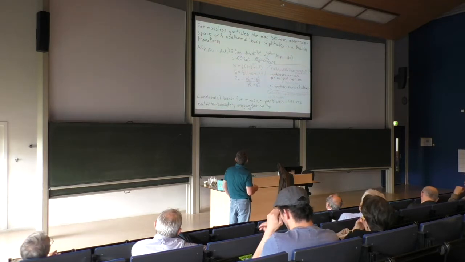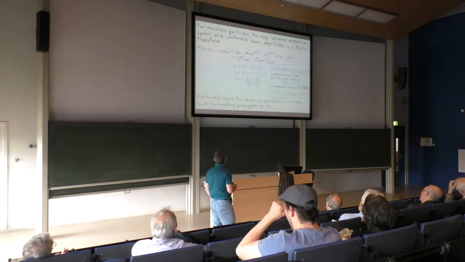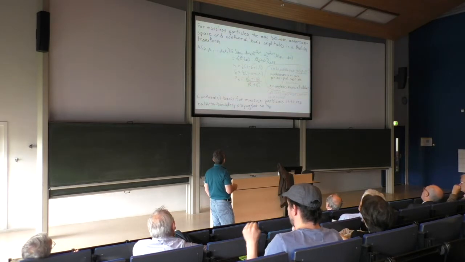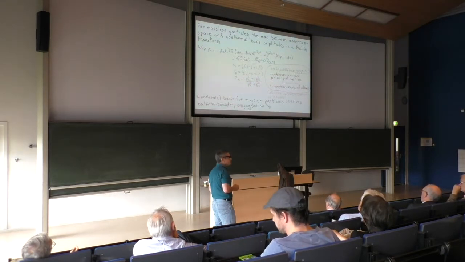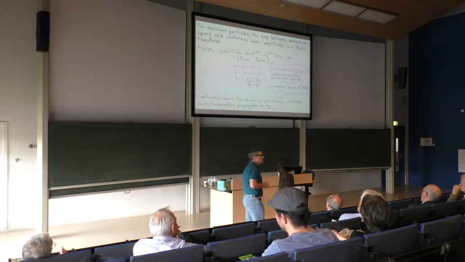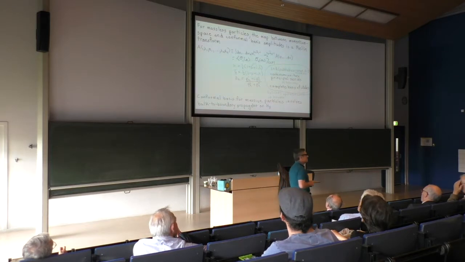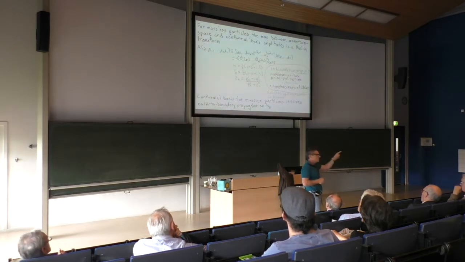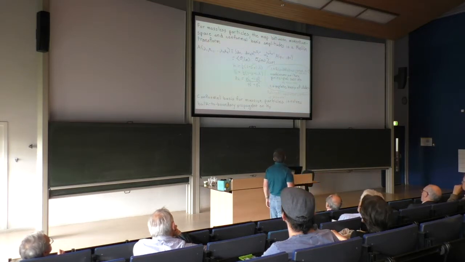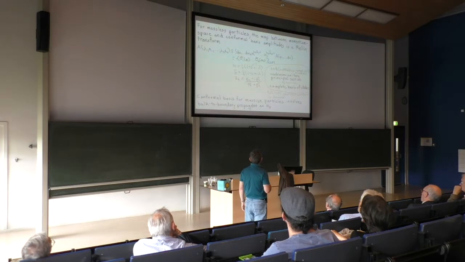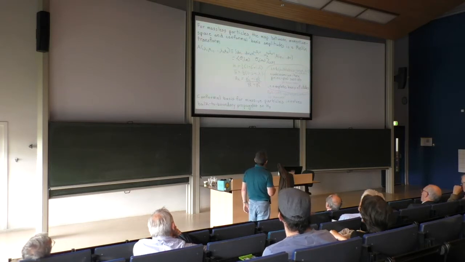Now, for every P1, ..., Pn, you can make a Z by taking this ratio, and that gives you a point on the celestial sphere. This Z is the point to which the momentum is headed. Okay? And that's not all the information in the gluon. There's also its energy, omega.